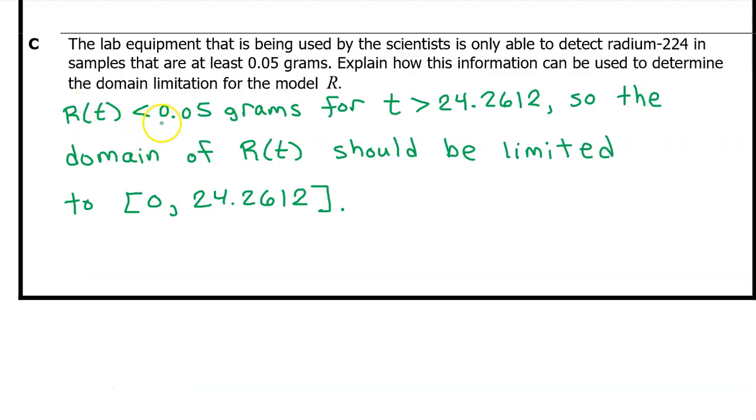R of t is less than 0.05 grams for values of t greater than 24.2612. So the domain of R of t should be limited to the closed interval from 0 to 24.2612. Or if you prefer an inequality, you can write the interval like this.